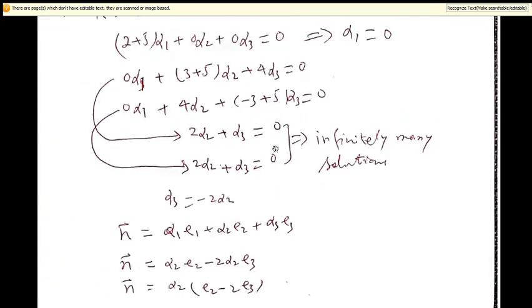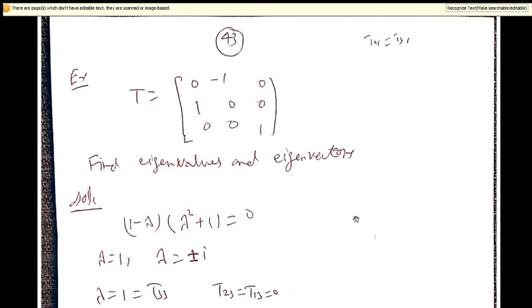Here you can see that we have done 3 examples with a symmetric tensor, and all the eigenvalues are real. When you have a tensor which is not symmetric, the eigenvalues may be complex conjugates of each other.